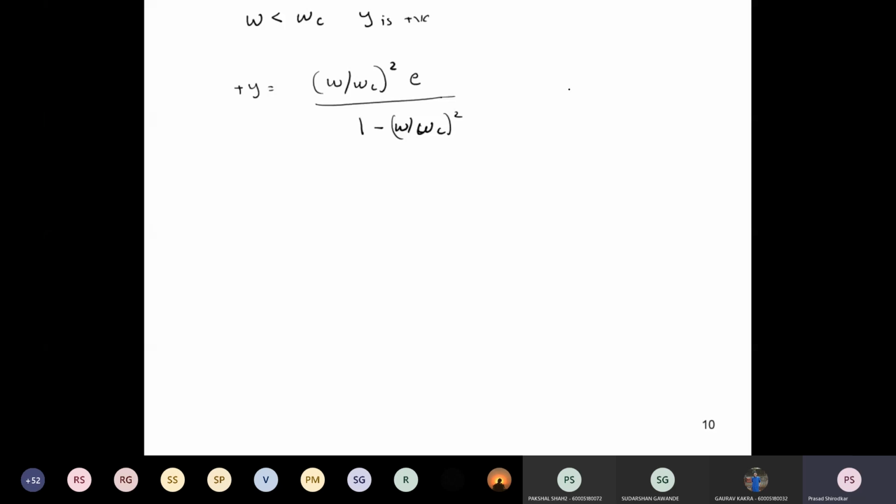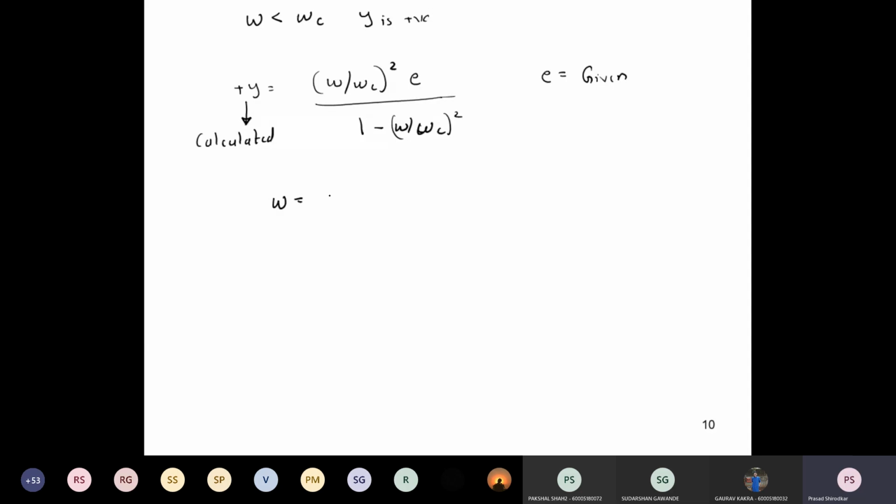Eccentricity is given. This is given in the question. You have to find out the value of y, you have just now calculated in the previous step. So this is calculated. So using this, the only unknown is the value of omega.